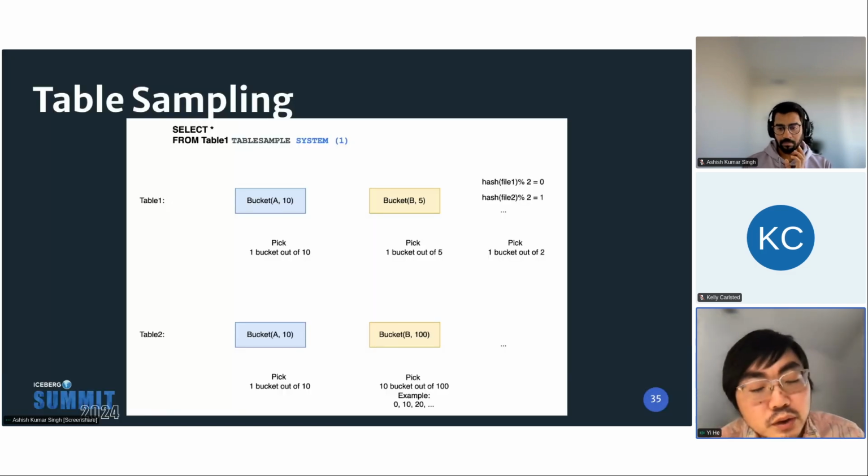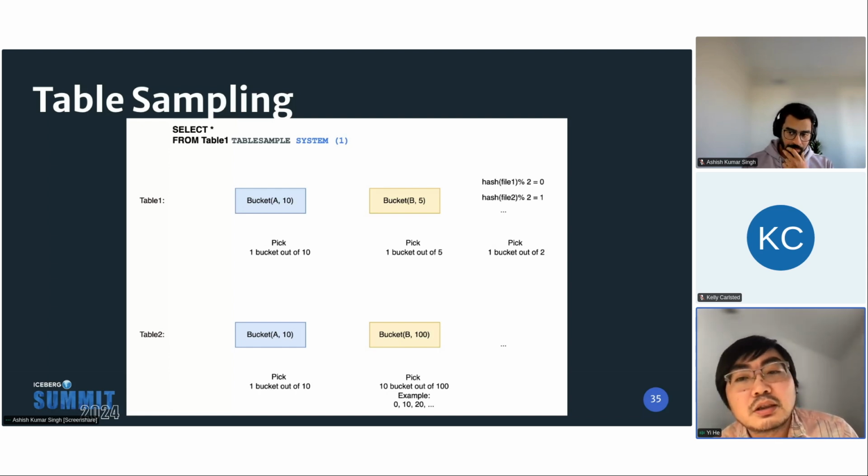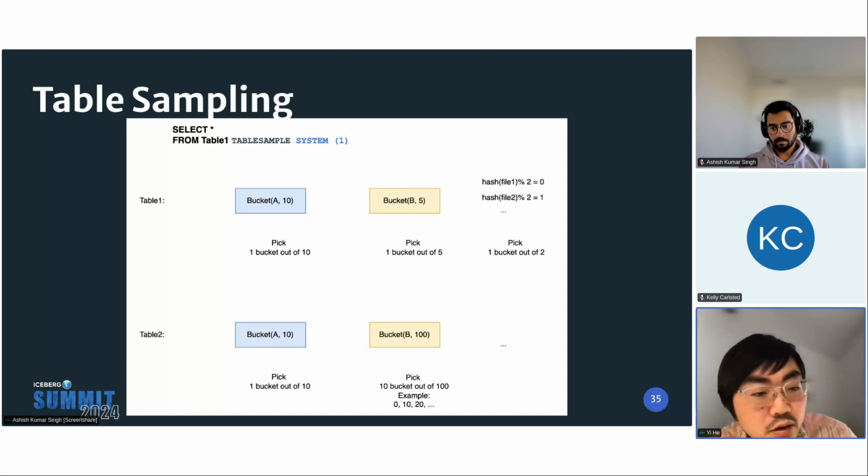So how do we sample the data? Generally, we select a few dimensions that we know the data of that table can be evenly distributed on, and then we bucket the table by them. If we don't have enough buckets to cover sampling, we generally further divide files by the hash of path.